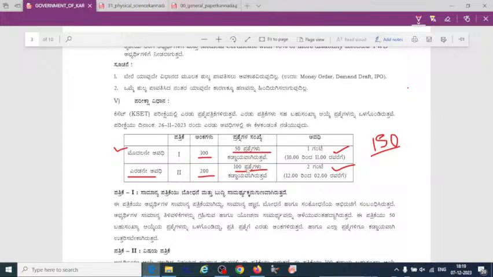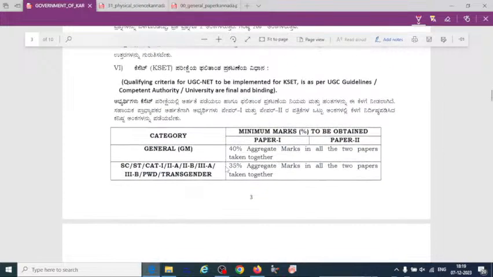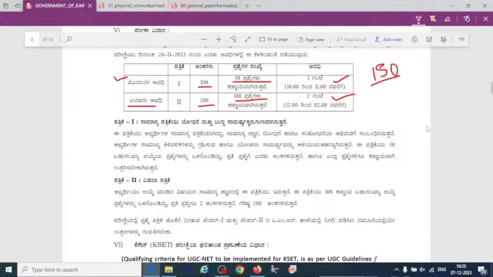For the general category, you need 40% aggregate marks in the 2 papers, including paper 1 and 2. Of the total, how many marks will there be? 150 questions, 300 marks.